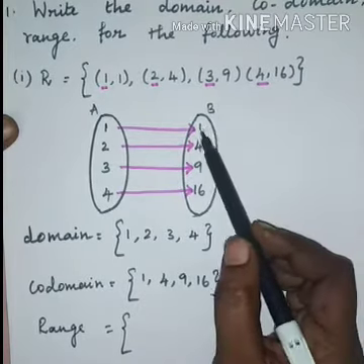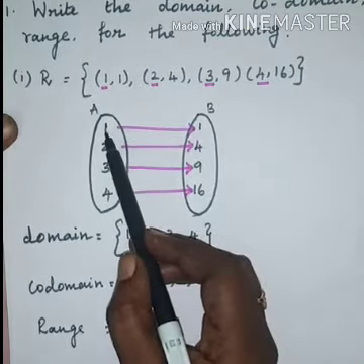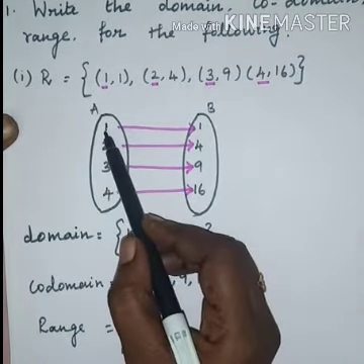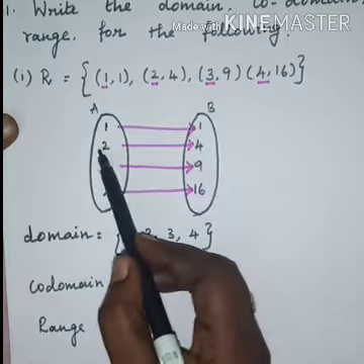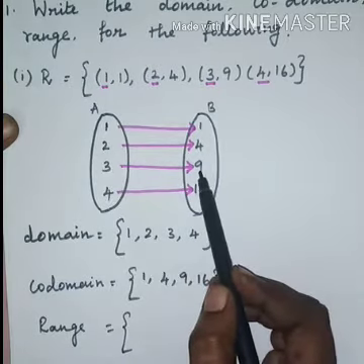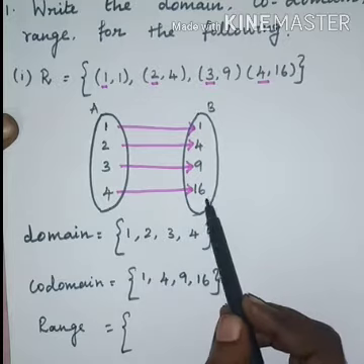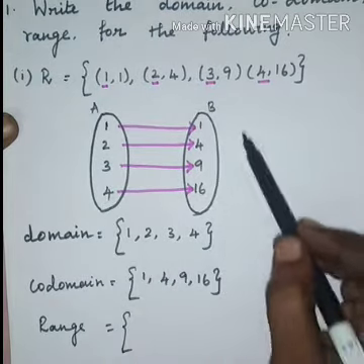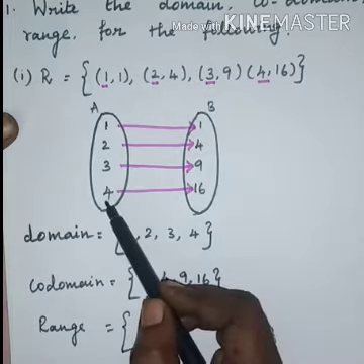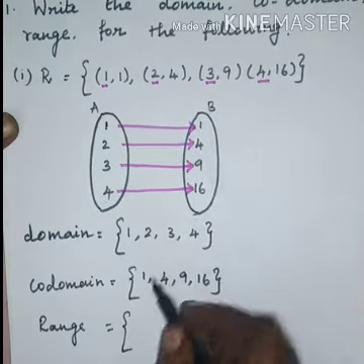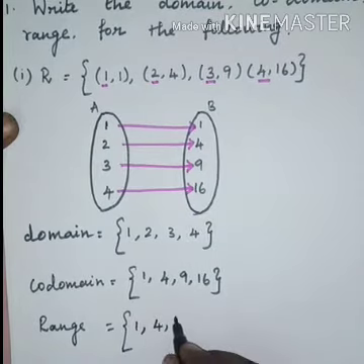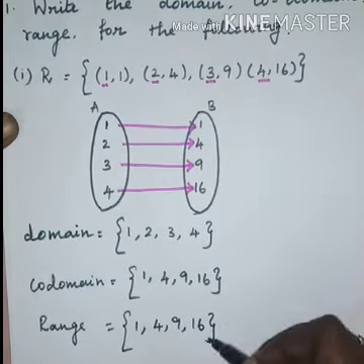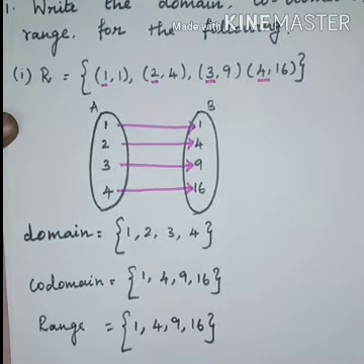So here 1 is paired with 1, or we can say 1 has the pre-image 1, 4 has the pre-image 2, 9 has the pre-image 3, 16 has the pre-image 4. So all the elements are in relation with the domain. So range is equal to 1, 4, 9, 16. Here the codomain and the range are both equal.